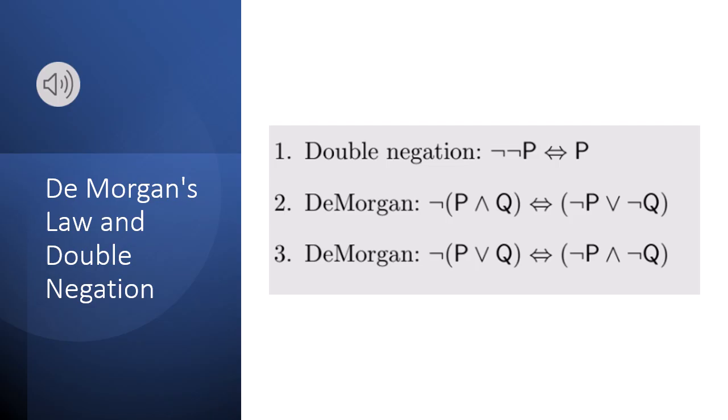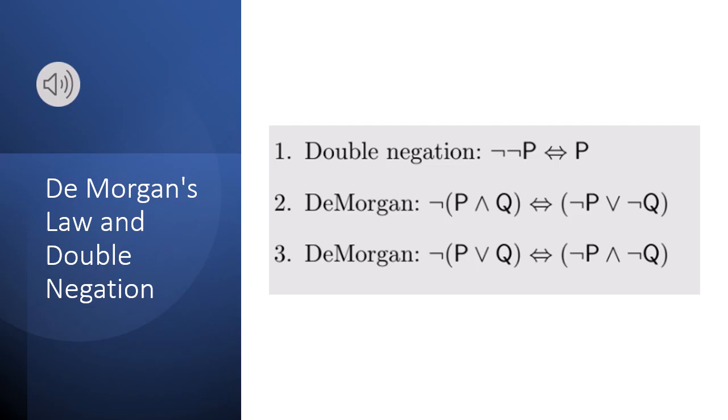And so it's a relationship between conjunction and disjunction. And on the next slide, I'll show this in a bit more detail. You can combine this with double negation to show that conjunction can be written in terms of disjunction and negation, and vice versa. Disjunction can be written completely in terms of conjunction and negation.